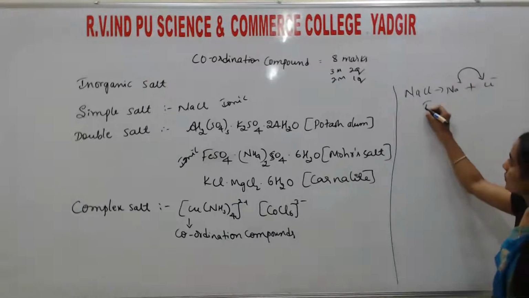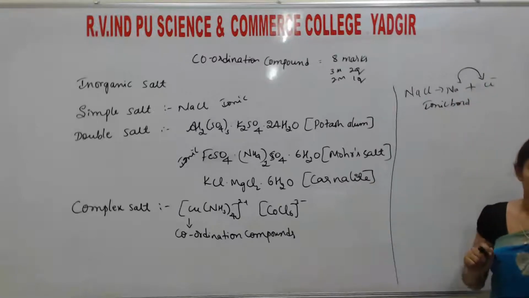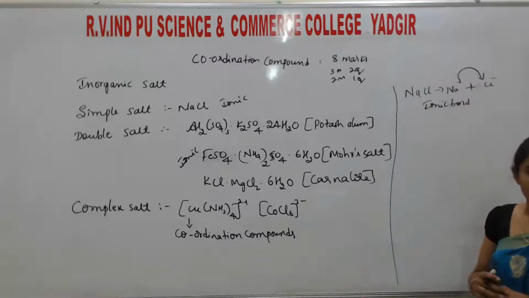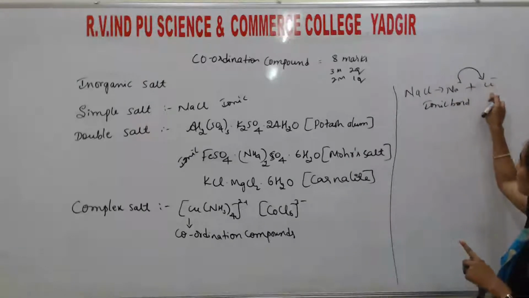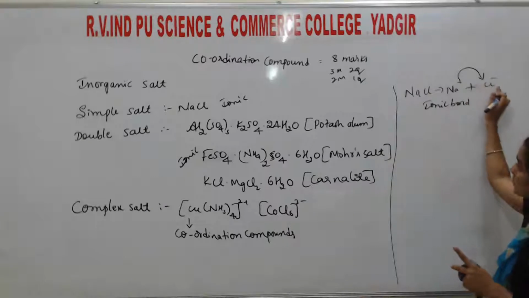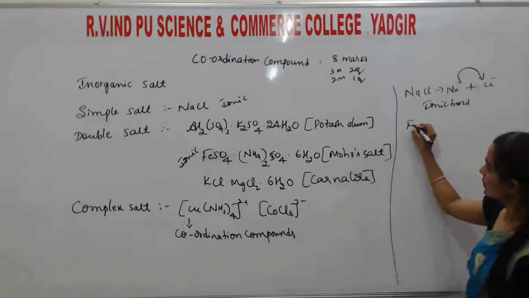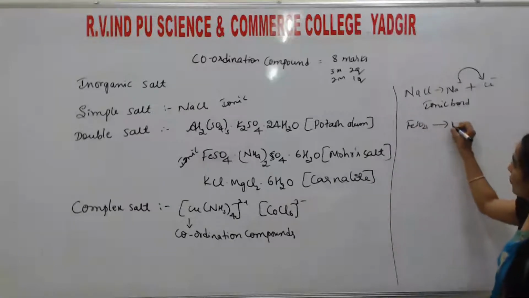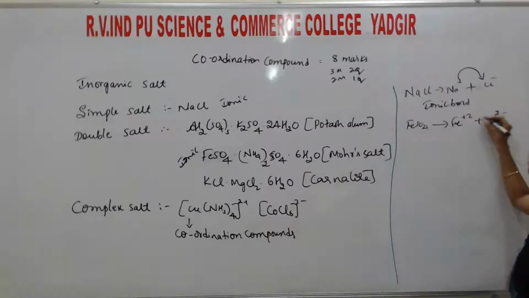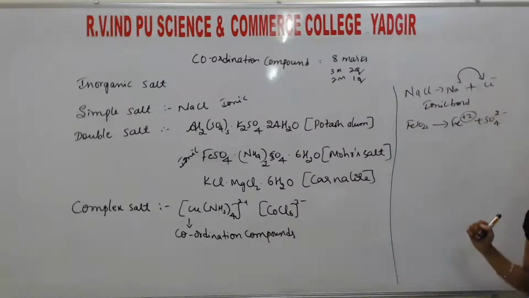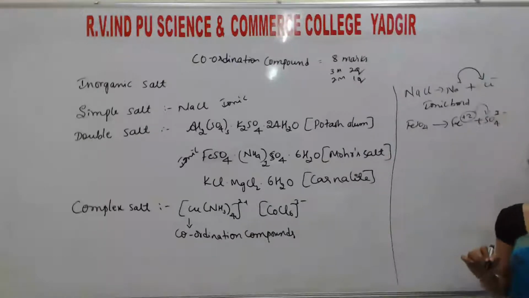So transfer of electron means ionic bond from one atom to the other atom. Only one electron is transferring, based on their oxidation state. Next, FeSO4 means Fe 2 plus and SO4 2 minus. Here also complete transfer of 2 electrons takes place.